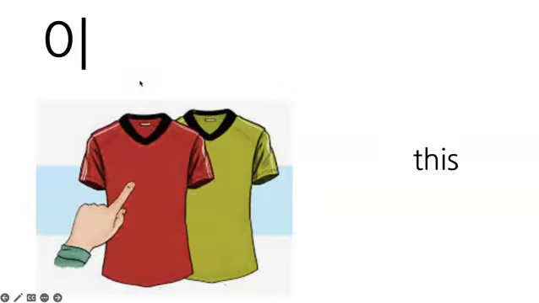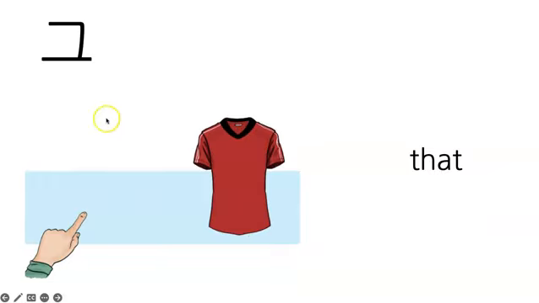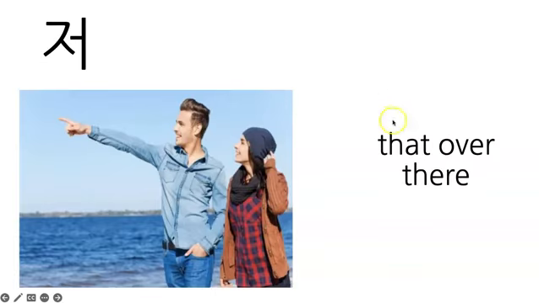이, this is also pronoun, meaning this. So 이 followed by another noun. For example, 이 사람, this person, 이 책, this book. And when you use a pronoun, remember to put a space between 이 and then another regular noun. 그, meaning that. So 그 옷, that clothes. 그 책상, that desk. 저, meaning that over there.